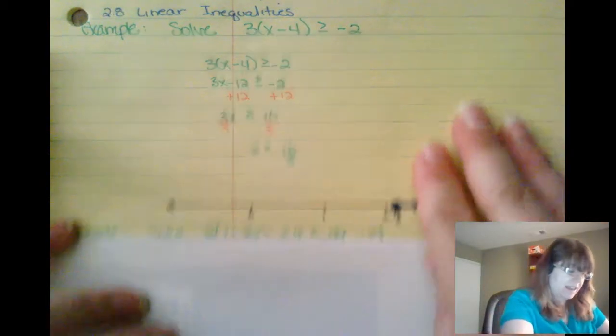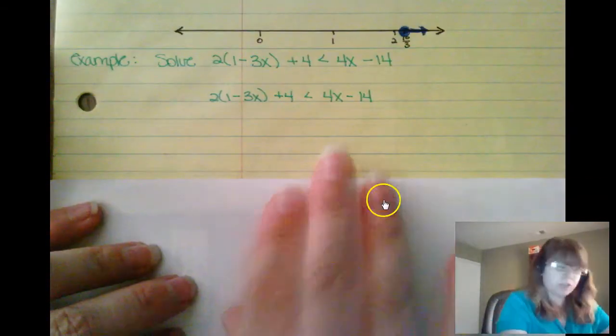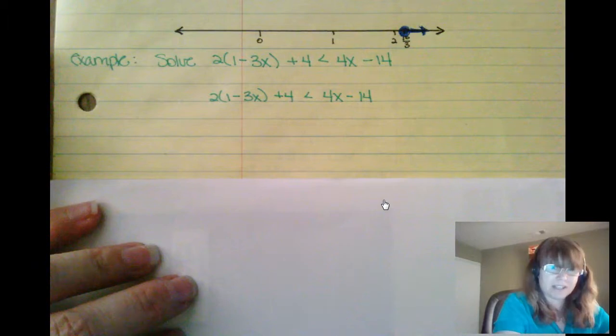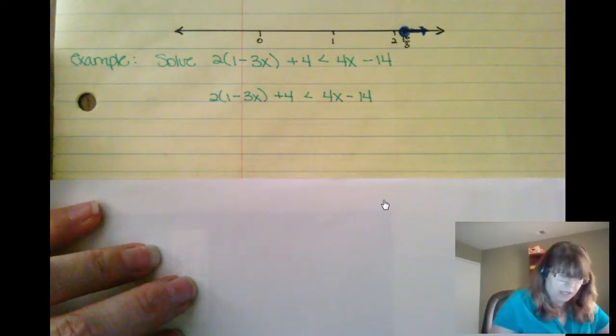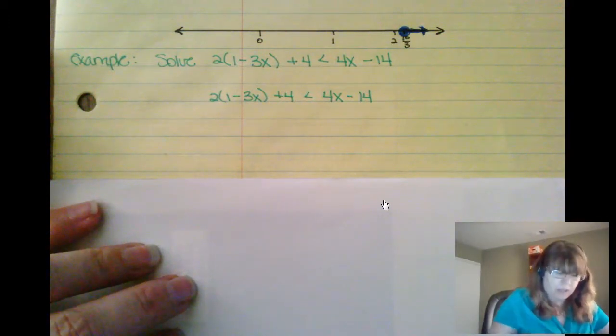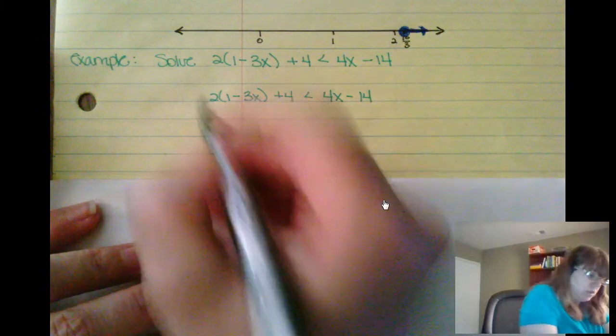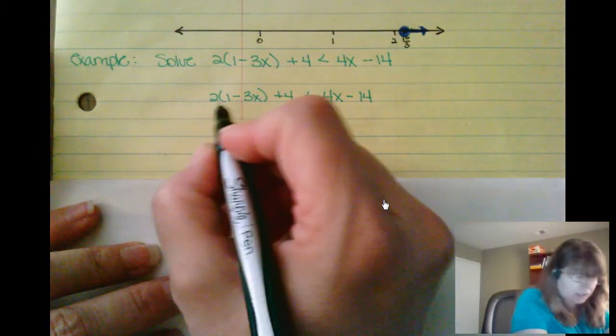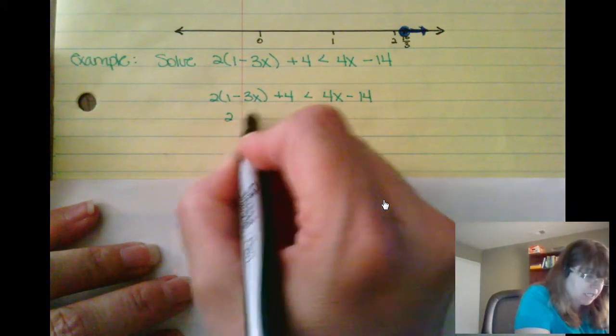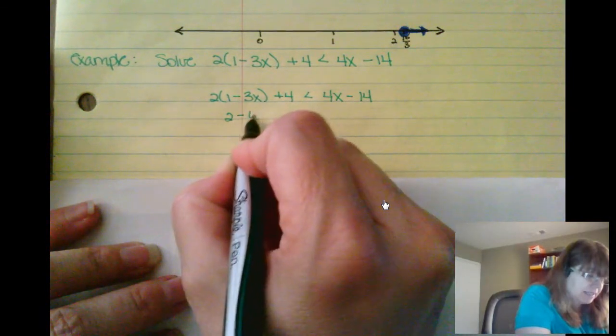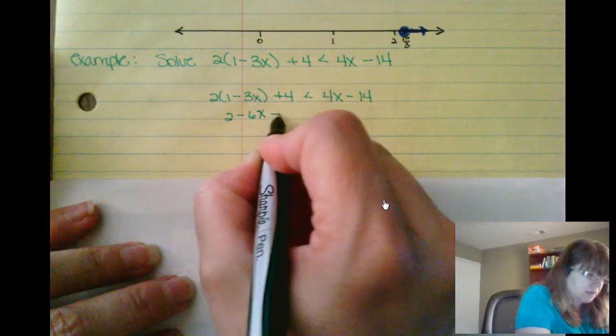Okay, let's try another problem. It's 2 times the quantity 1 minus 3x, plus 4, is less than 4x minus 14. Again, I'm going to distribute my 2. So 2 times 1 is 2, 2 times negative 3x is negative 6x, less 4.